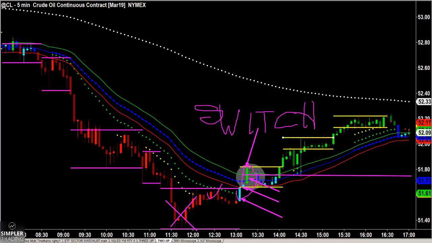I think if you add on the late day news that came out, some headline psychology was: the U.S. is placing sanctions on PDVSA, the state-run Venezuela oil. Probably going to send oil up a little bit more in the near term. That works for us. We're looking for about a 45 to 55 cent upside. The first target was basically 52.20 to 52.28.